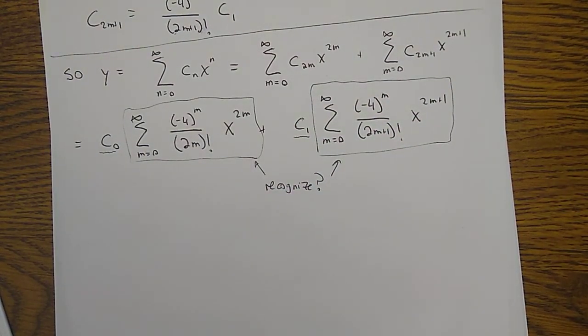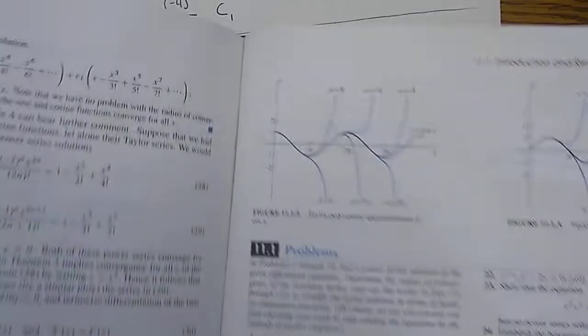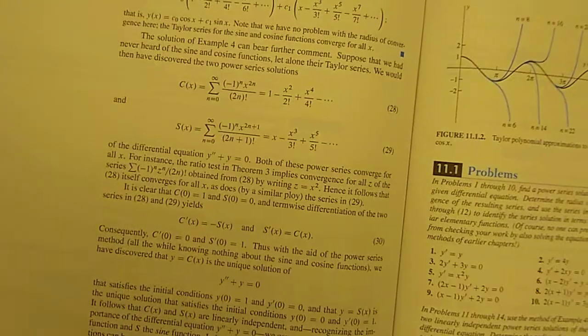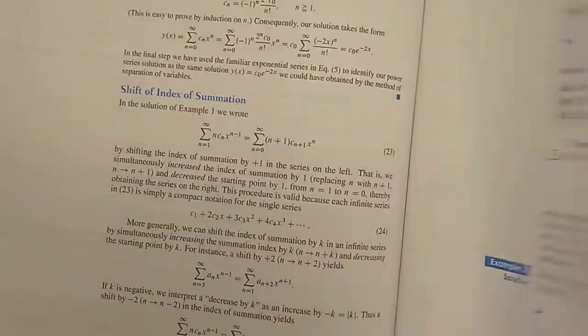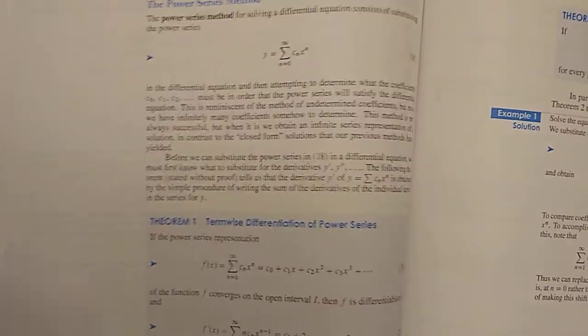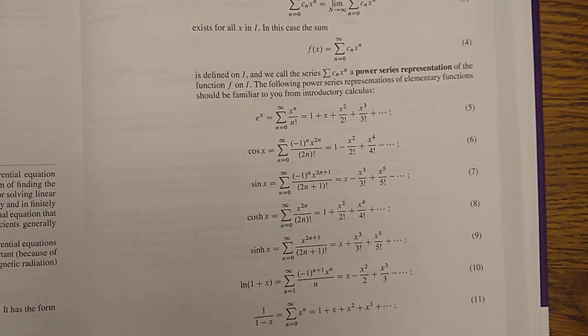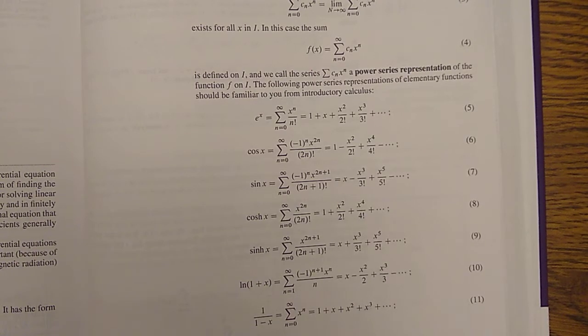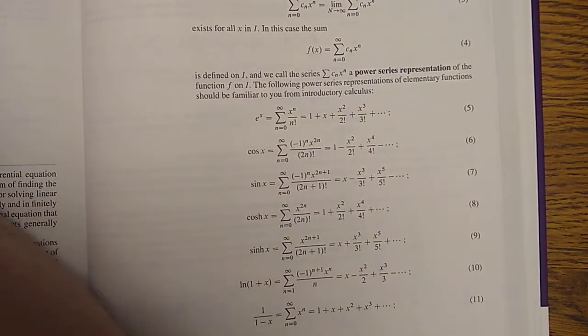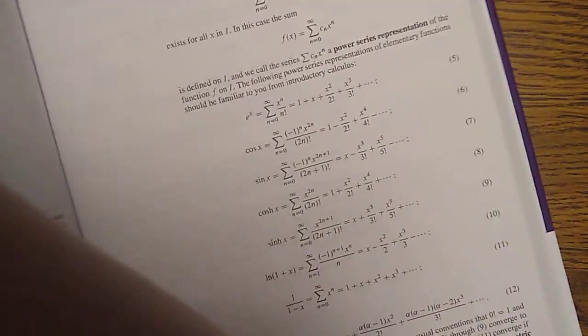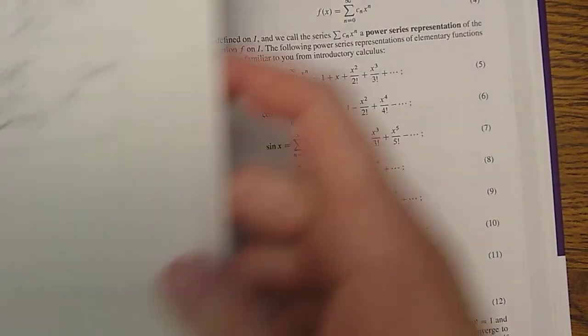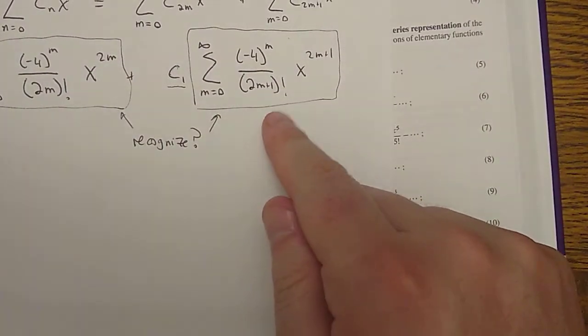Well, for this we just have to dig into our memories, if our memories are good enough, or look at a list of power series. There are a couple of things that should jump out at you, like we have factorials in the denominators.